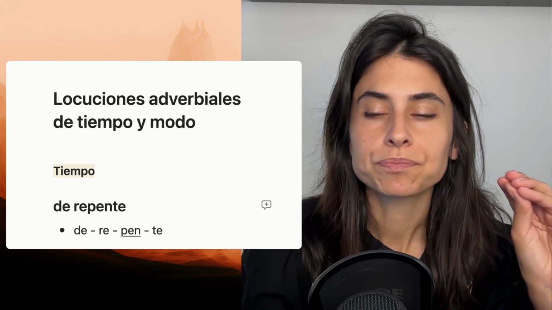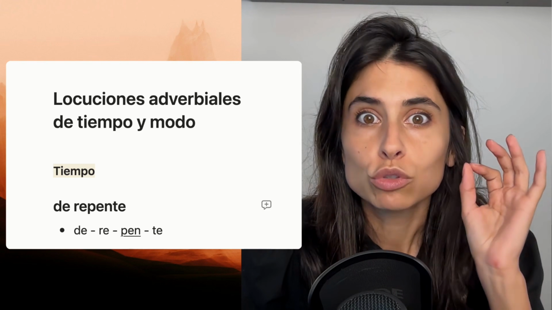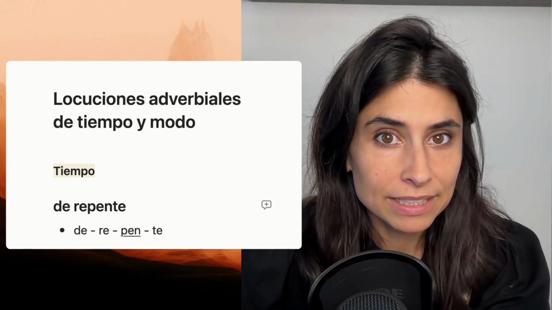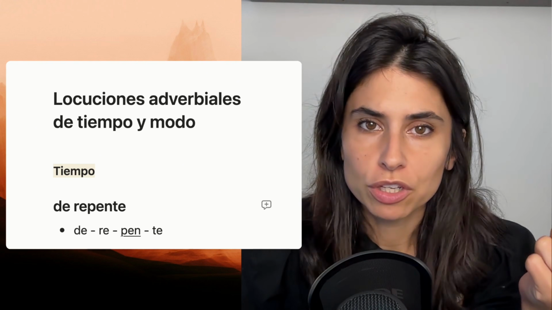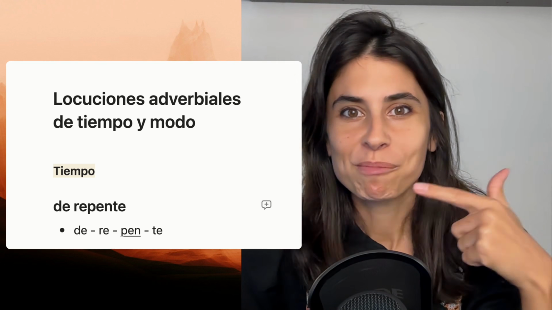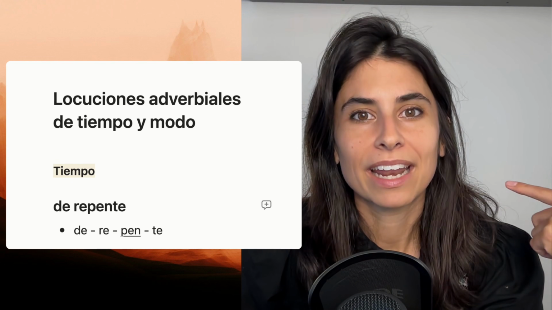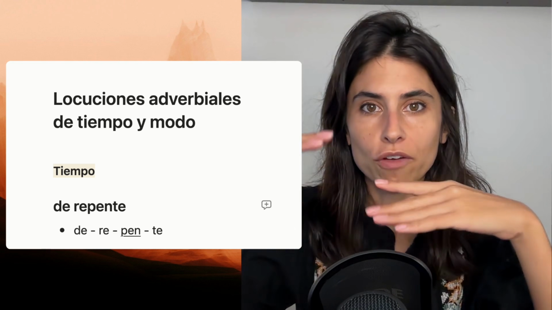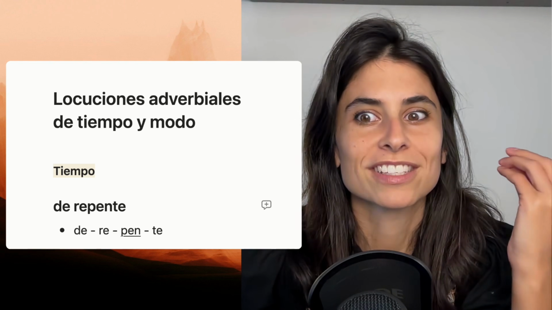Important things here are that the R sound, you don't start with a strong R, but you need to link it with the E. And for that, it's going to be a bit softer than usual. So de re, not de-re, but de repente, de repente. It's a soft touch, okay? De repente. Don't force that R sound.